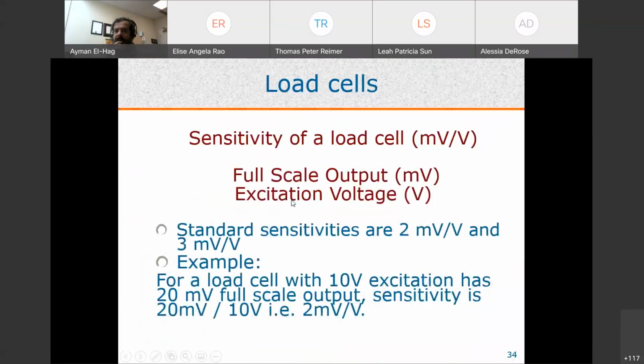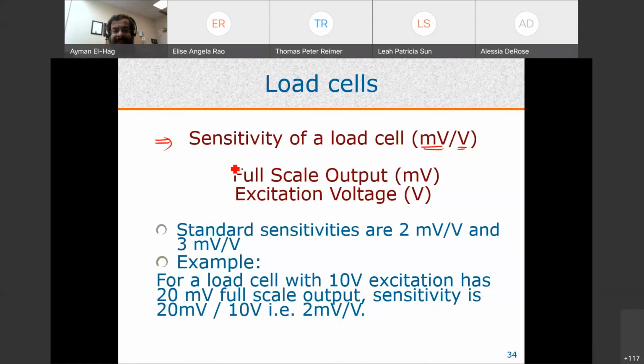There are two important things about the load cells, one of which is the sensitivity of the load cell. What is the sensitivity of the load cell? It is mV per V. What is mV per V? Remember, we said that in the strain gauge arrangement, when we have a Wheatstone bridge, there is a voltage Vs we apply.